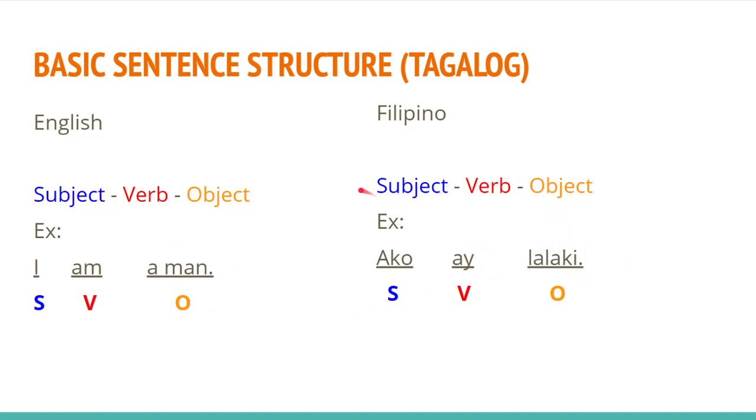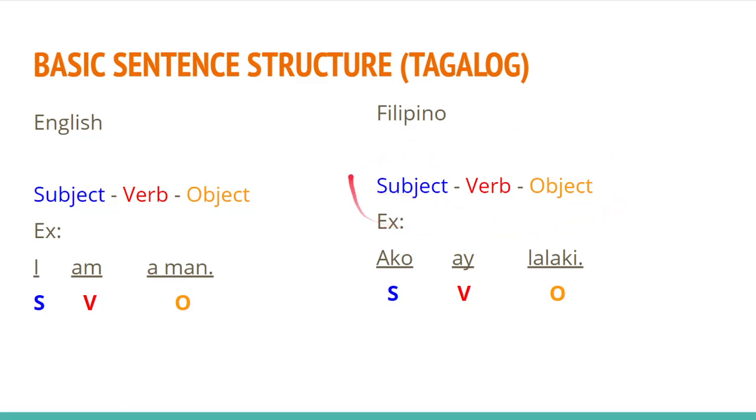But the most common structure that we apply in making a sentence is verb, subject, and object. That is the common sentence structure in Tagalog.